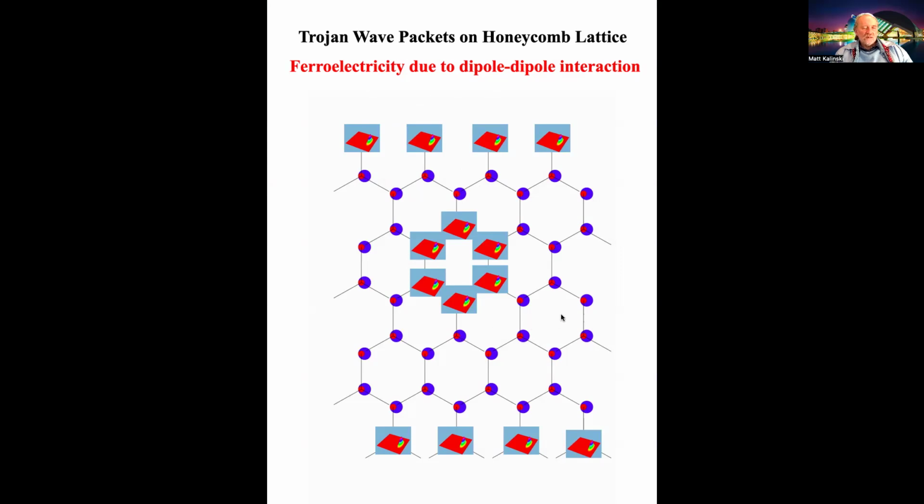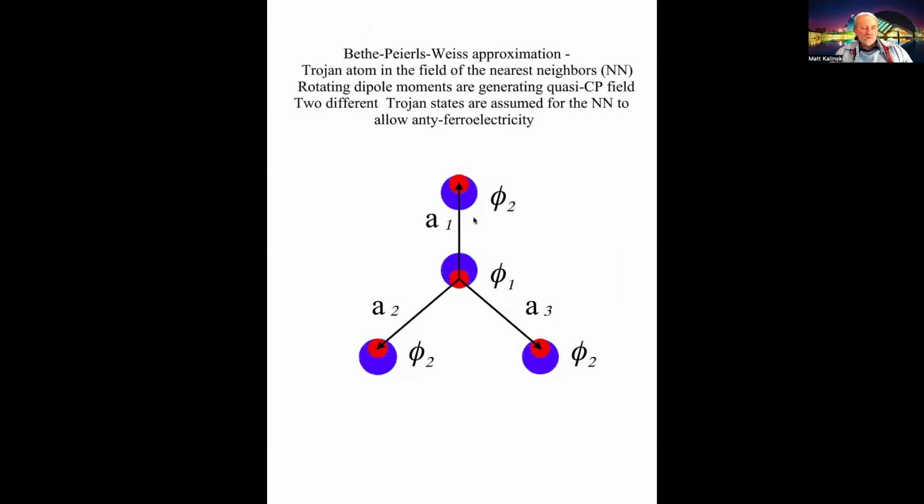And we found out that we used the Bethe-Peierls-Weiss approximation from the theory of ferromagnetism, where you consider that the single atom is simply in the theory of ferromagnetism, you use the exchange interaction ordering.